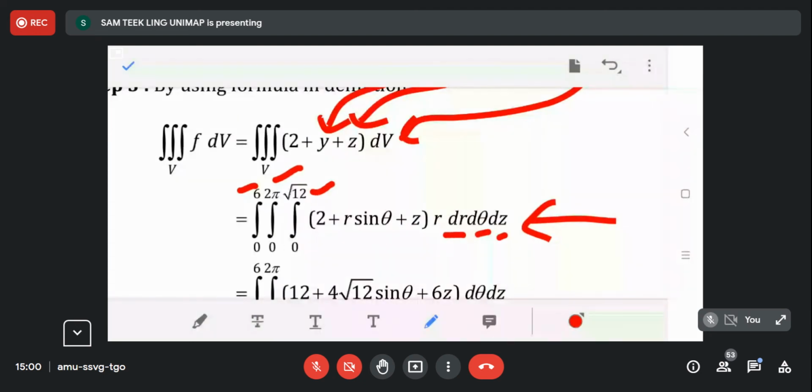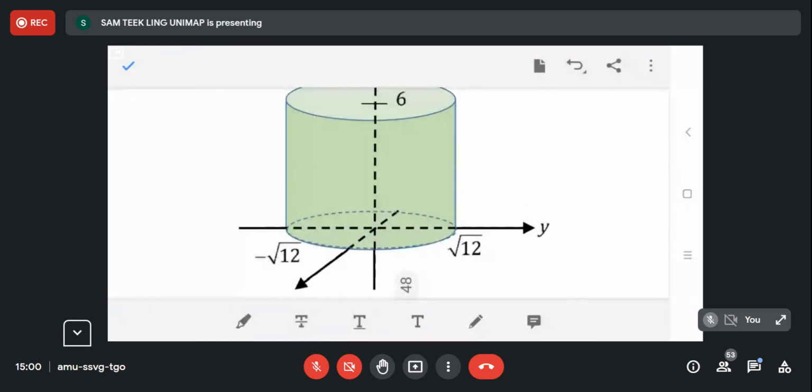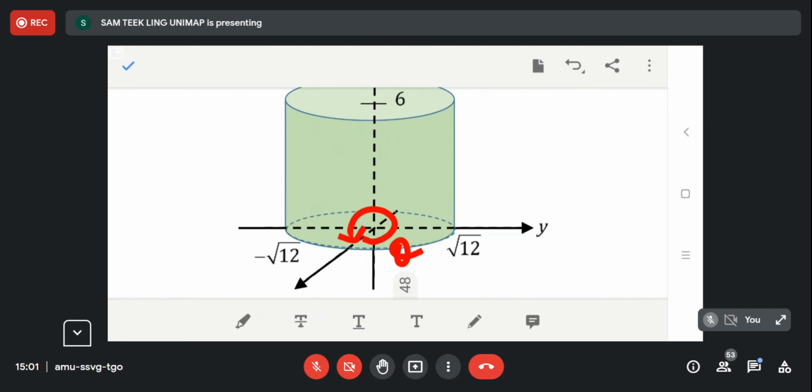Then theta is a full cylinder, starting here, ending here. Then your plane z is 0 to 6. So you put them inside. Okay, you can start integrating.